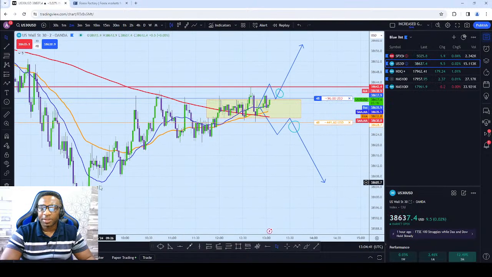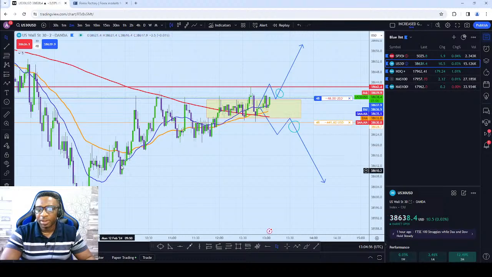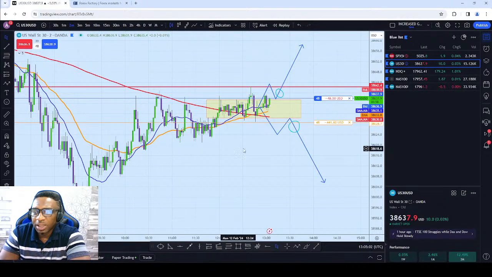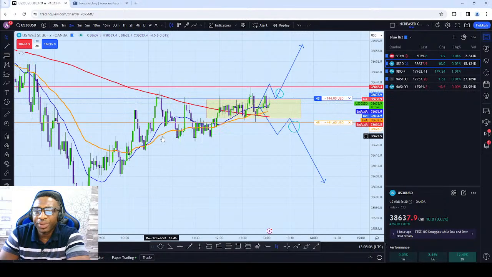With reference to my YouTube video I made about picking bottoms, I got into this trade around this area earlier on. So I'm currently in profit. I've pushed my stop loss above my entry, so it's currently a risk-free trade.